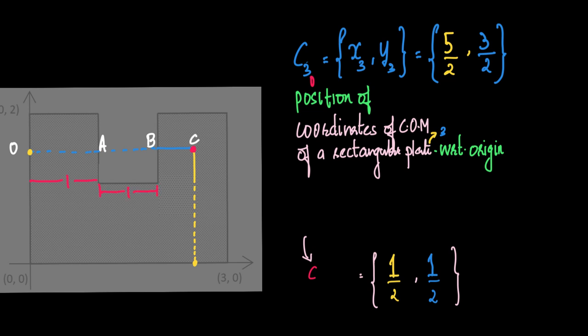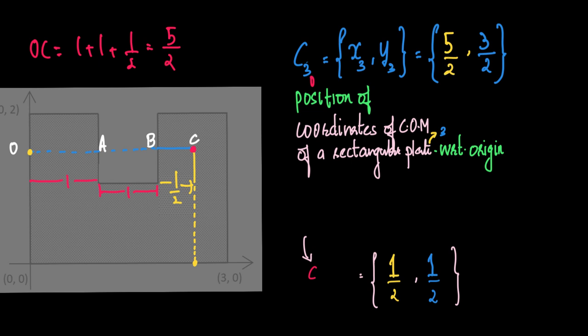How much is BC? BC should be the x coordinate of the center of mass of this figure, which is 1 by 2. Therefore this complete distance OC becomes 1 plus 1 plus 1 by 2, which is 2 plus 1 by 2, equal to 5 by 2. So the x coordinate here becomes 5 by 2.